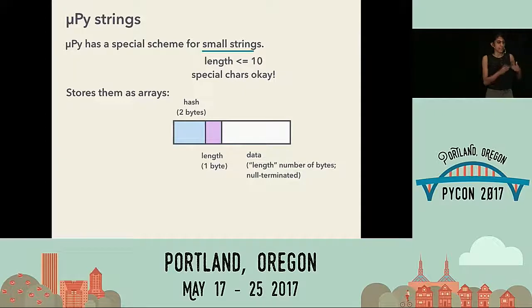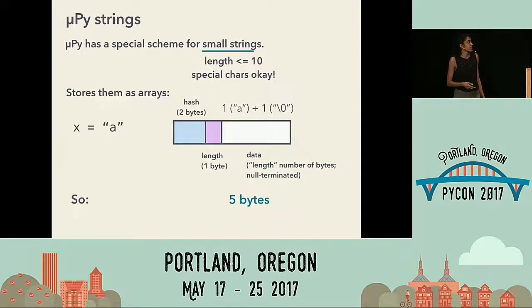The specific breakdown doesn't matter, but its overhead is 3 bytes, and then again, it stores the null-terminated representation of the string. So what does this mean? When you create a string of length 1, the overhead is 3 bytes, plus another 2 bytes to store the null-terminated string, which is only 5 bytes, versus CPython's 50 bytes, that's 10 times as much.